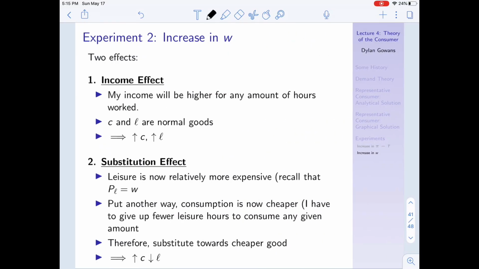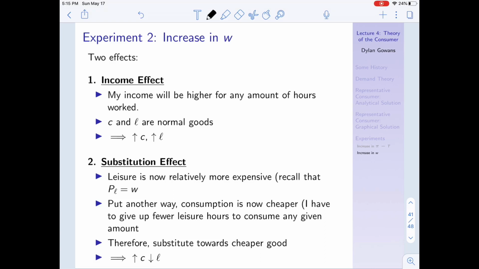Is because there are two effects, okay? So one is the income effect, which says that my income will now be higher for any amount of hours worked. So this is like an increase in income. And because consumption and leisure are both normal goods, when my income goes up, I consume more of both. So this leads consumption to increase and leisure to increase.